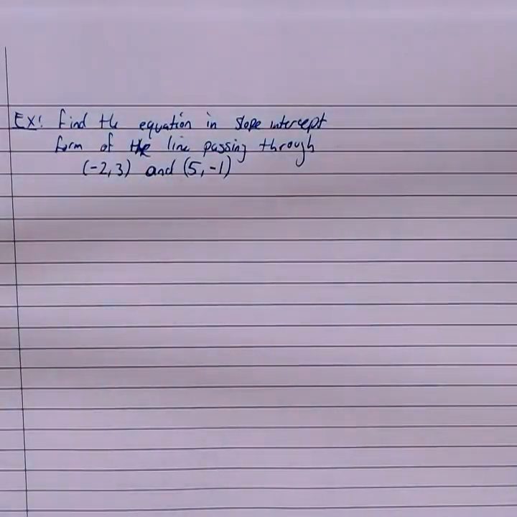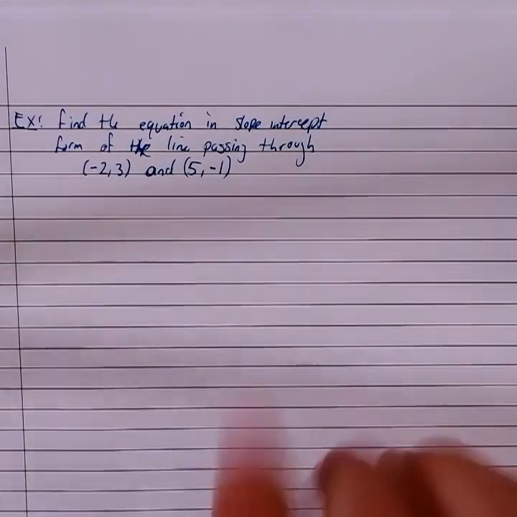All right. So now here, you're not given the information you usually are. Usually you're given a slope and the y-intercept, in which case you can put it in slope-intercept form. Or you're given a slope and another point, which means you can use the point-slope form, and then modify. But here, you're just given 2 points.